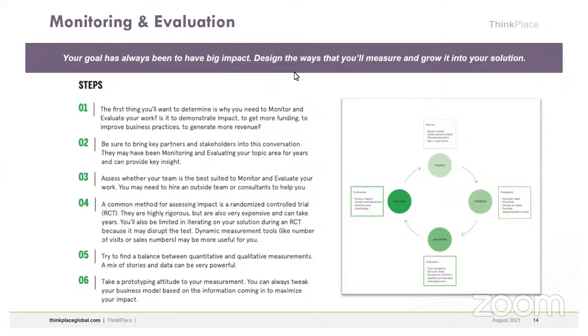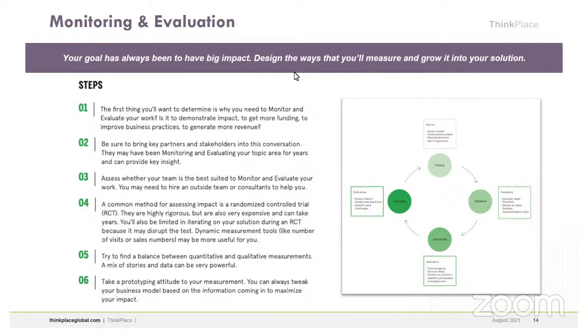Now try to balance between quantitative and qualitative. A mix of stories and data can be very powerful. Okay? In as much as you're looking for the numbers, try and get impact from the people. What stories do they have to share? What did they learn from this process? Try and get what are known as the success stories from every project you carry out.